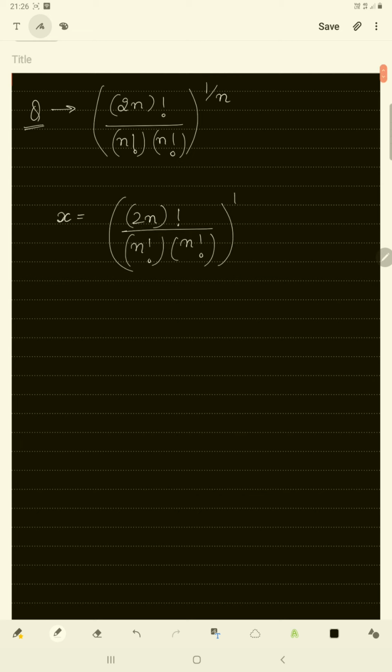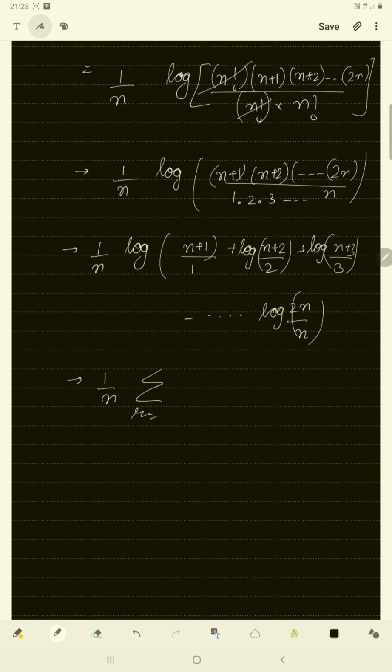Now further solving this, we have 1 by n. These terms are in summation, so we could put the summation over here, but we don't know the r, so let me not put the summation in the first step. Let us convert it into the r by n form. We converted this type of sum in a previous question, in the second or third video.